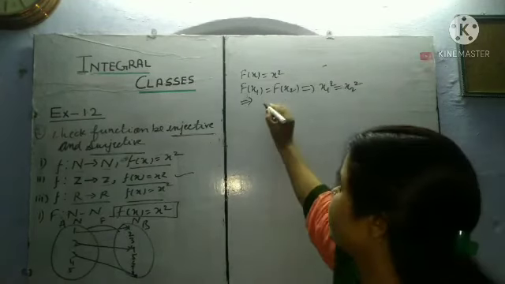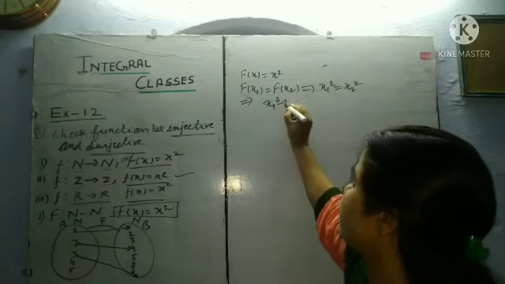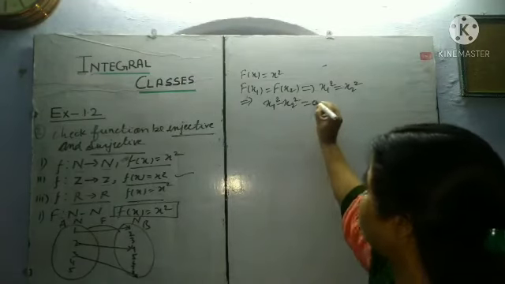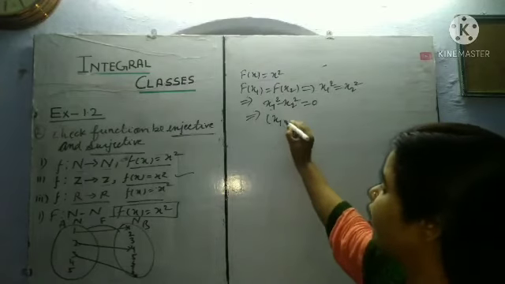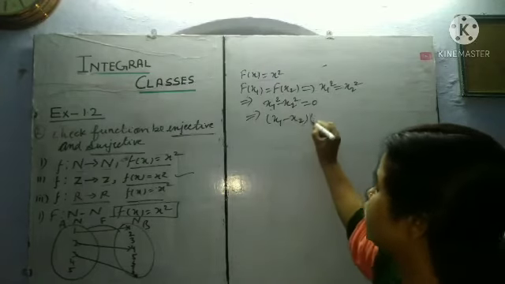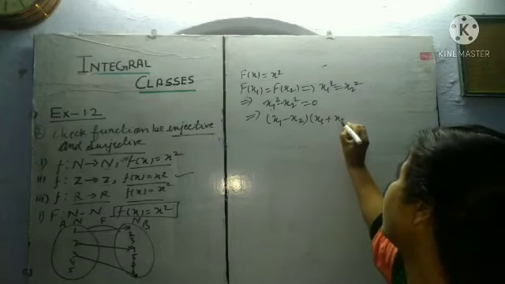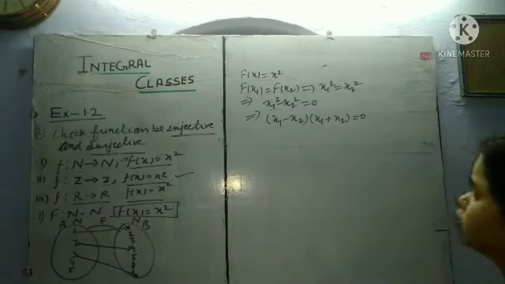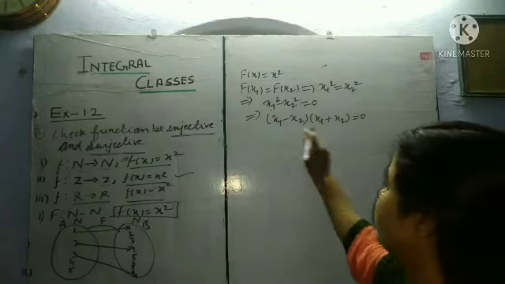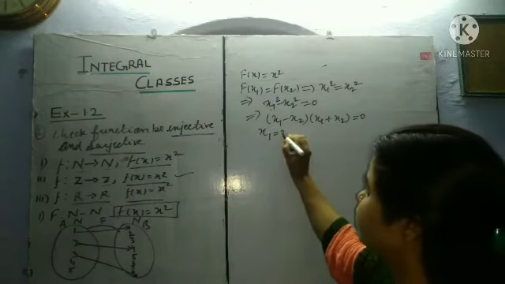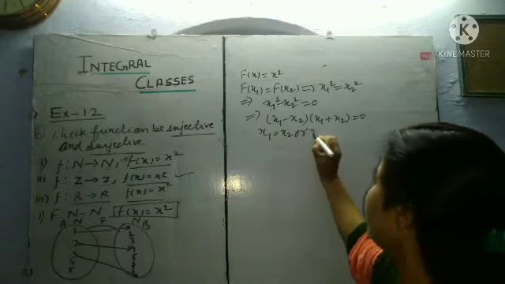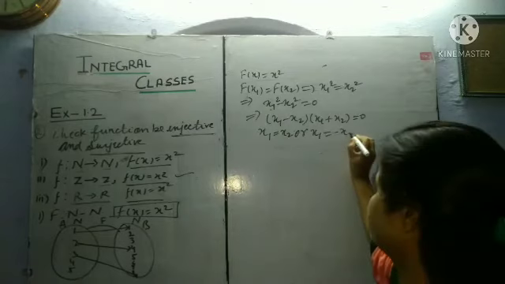Now it becomes x1 square minus x2 square equal to 0. Then we factor: x1 minus x2 and x1 plus x2 equal to 0. As we observe here, we get two values: x1 equal to x2 or x1 equal to minus x2.